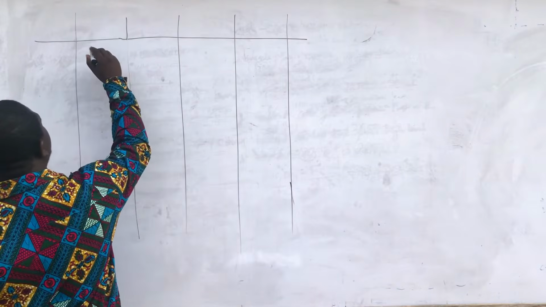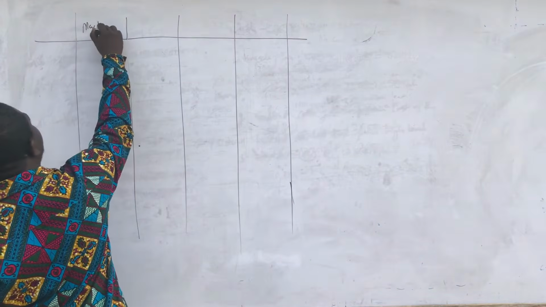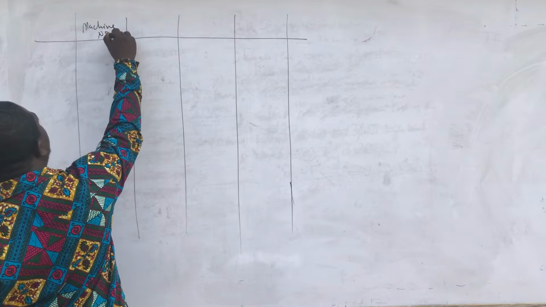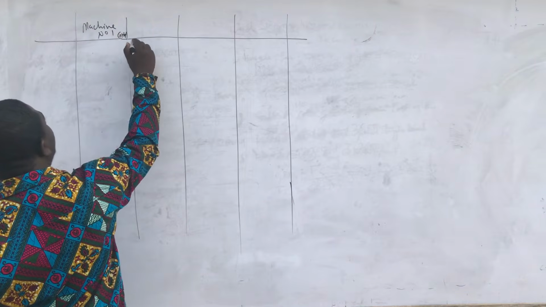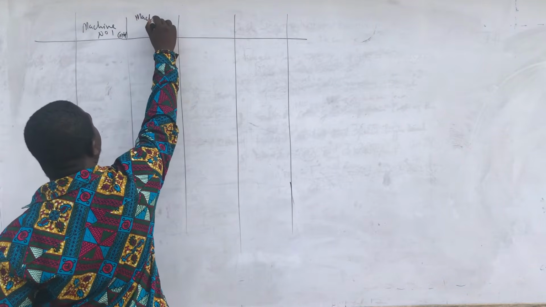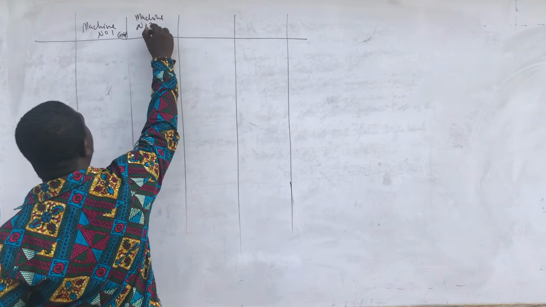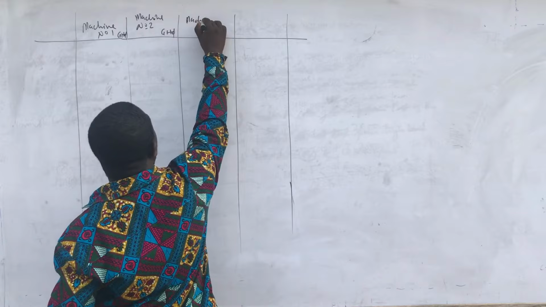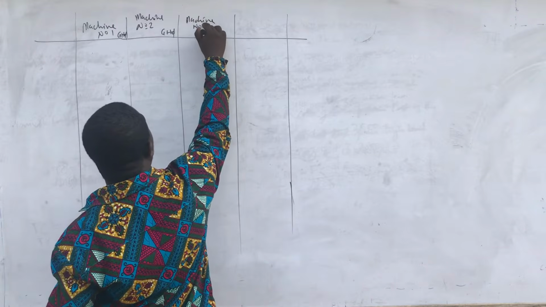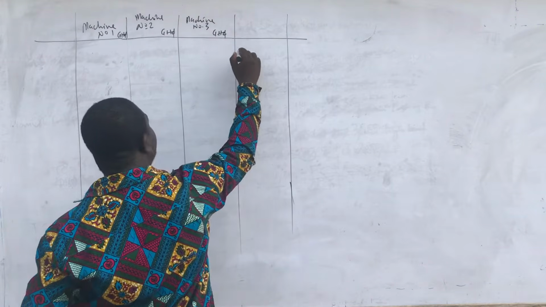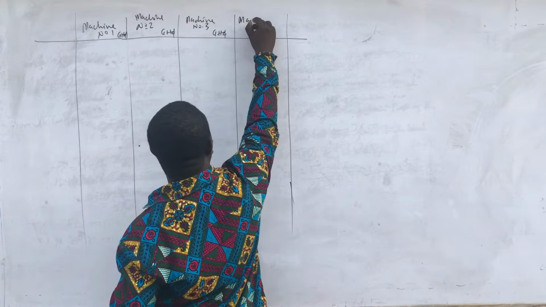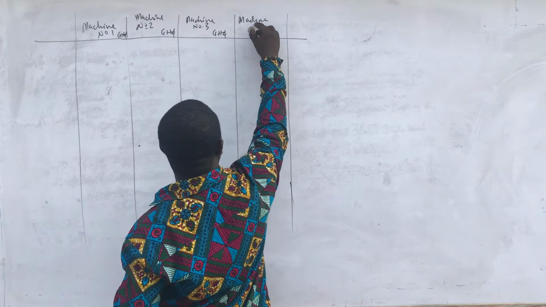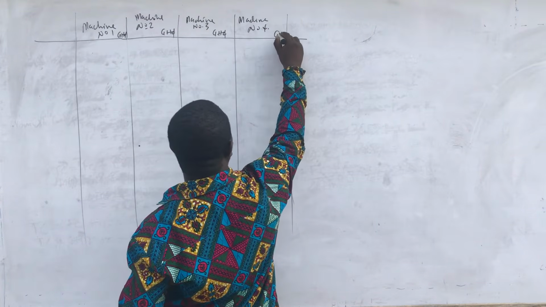Okay, so I'll call this place machine number 1 with a Ghana cedi sign up here. Machine number 2 with a Ghana cedi sign here. Machine number 3 with a currency sign, and then finally machine number 4 with a currency sign.